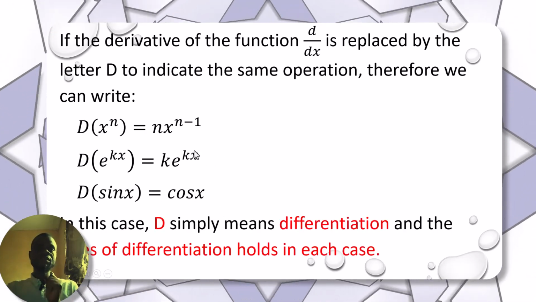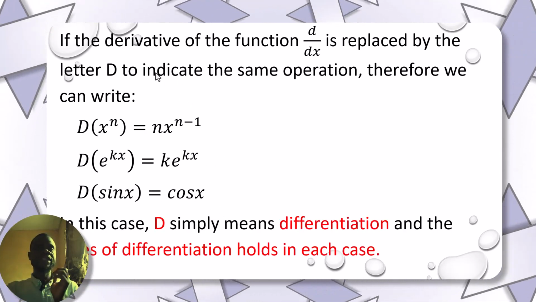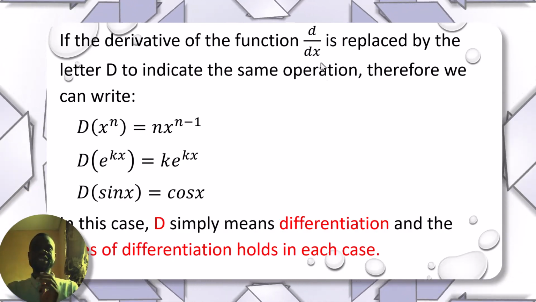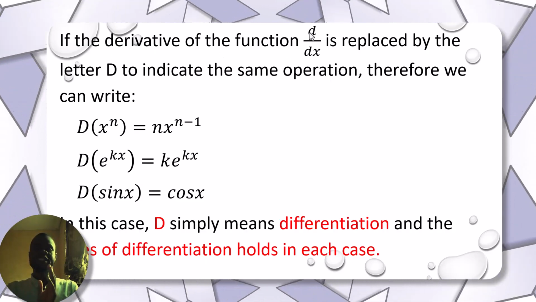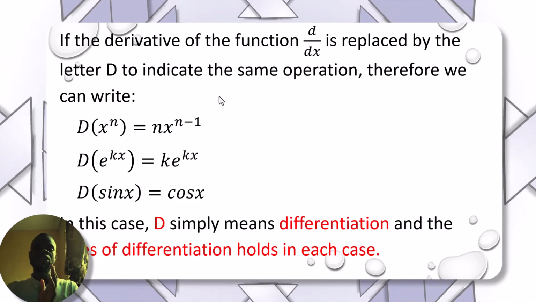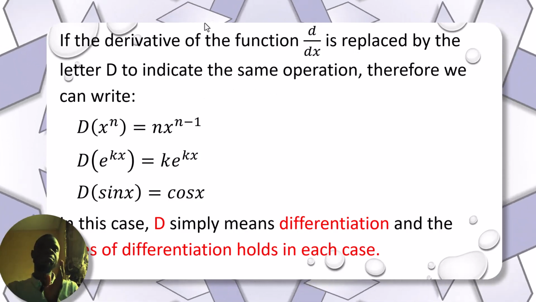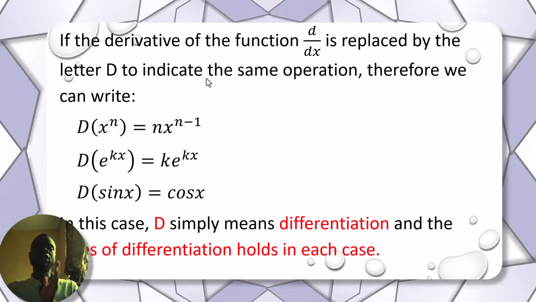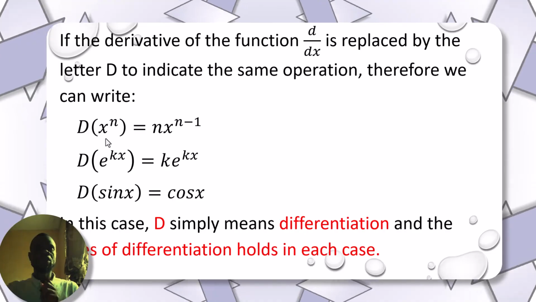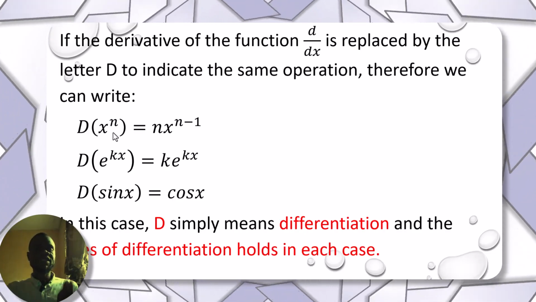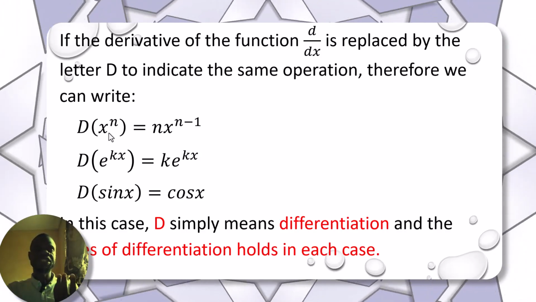All right. Now, in the derivative of the function, this d dx is replaced by D. So instead of having d dx, we are simply replacing it with a simple D, the letter D, to indicate the same operation. Therefore, we can write, when we say D of x to the power of n, it's the same thing, you are simply differentiating it.